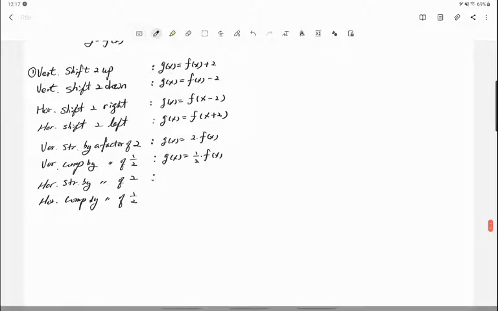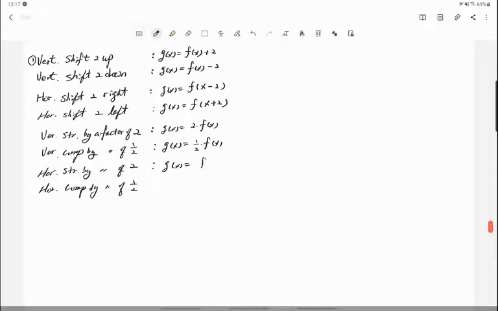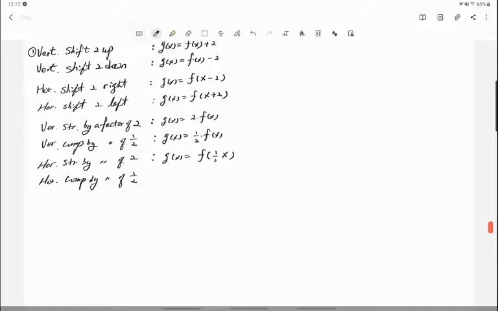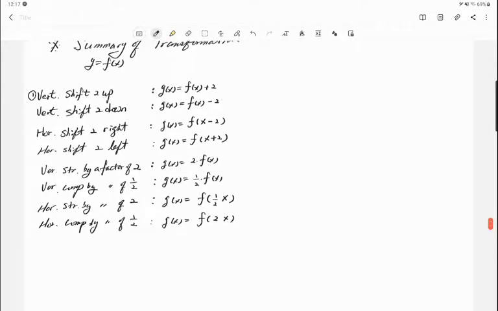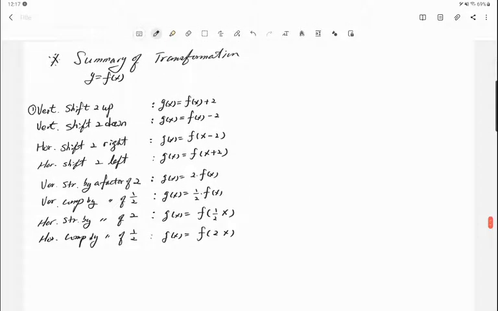How about the horizontal stretch? The horizontal stretch is multiplying x. So I'm going to multiply x by the reciprocal of 2, which is 1 over 2. So this is horizontal stretch. And then horizontal compression is what? Multiply x by the reciprocal of 1/2, which is 2, right? So that is horizontal compression. So this is the rule.